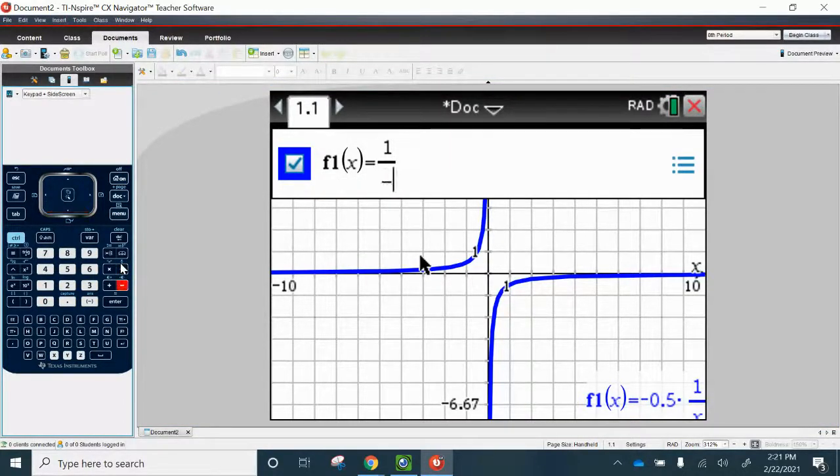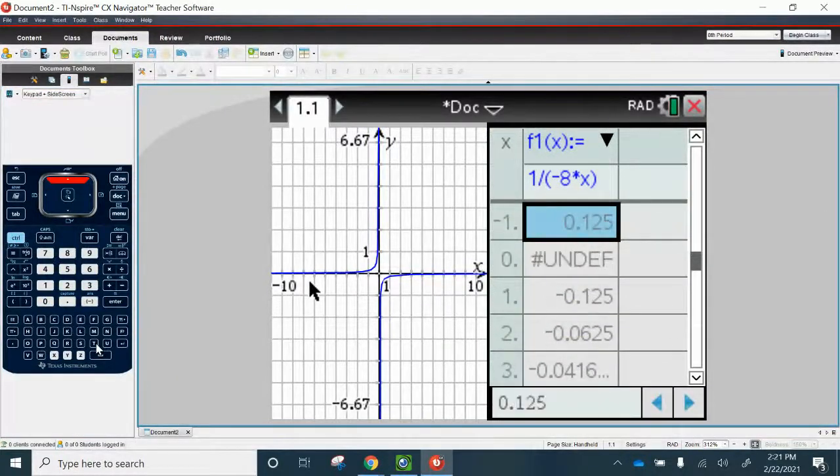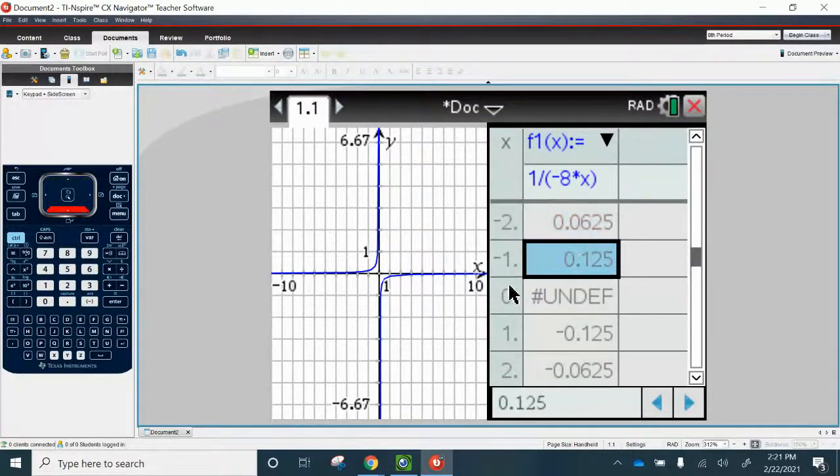So it looks like the best we can use is negative 0.125 and here. So we have 1, comma, negative 0.125 and negative 1, 0.125.